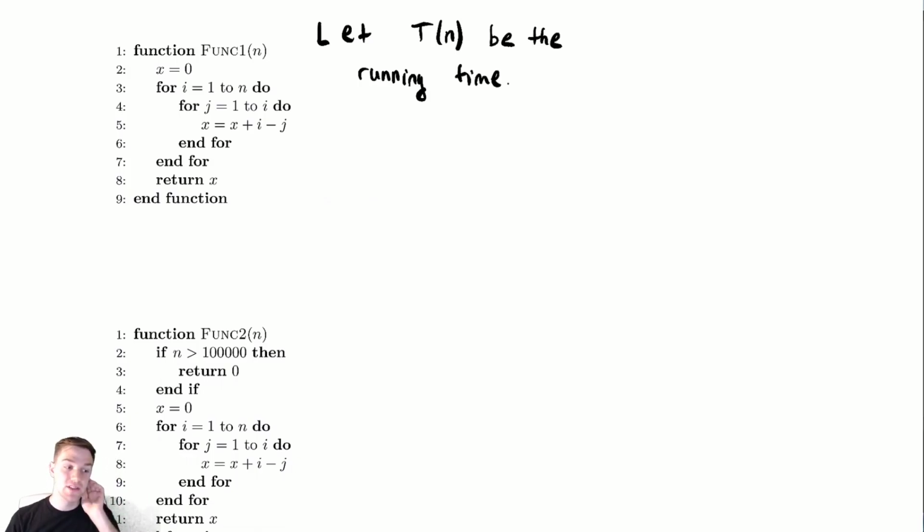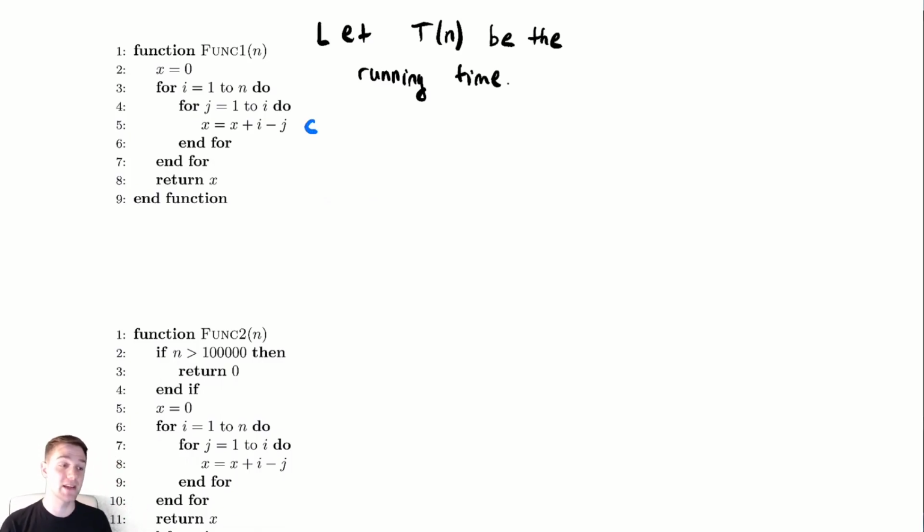We'll pretty much always use this notation. What we're going to do is say that whatever appears inside of those loops, those are the dominant thing, is going to take some constant amount of time c.